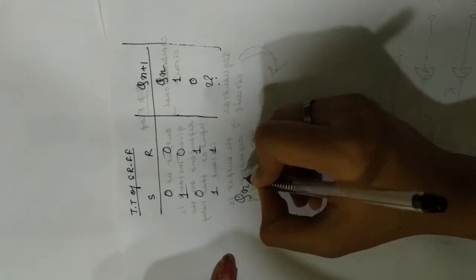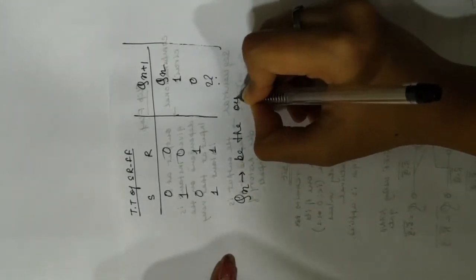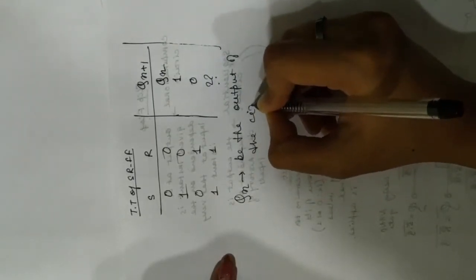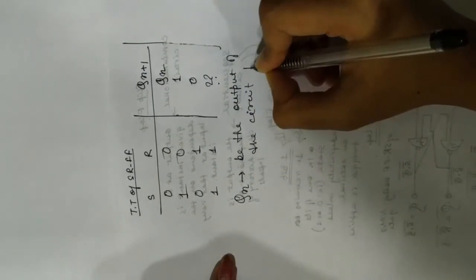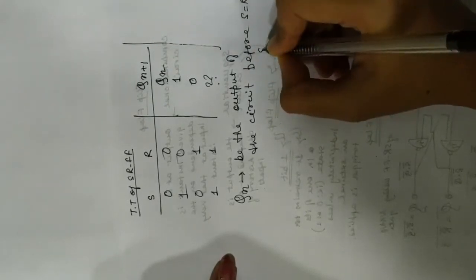Now let Qn be the output of the circuit before the S equal to R equal to 0 state. What we mean to say is, let Qn be the previous output, that is the last value of the output that the circuit had given, before the application of the state S equal to 0, R equal to 0.